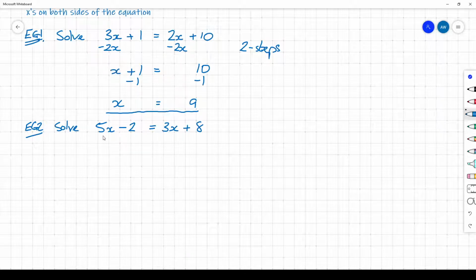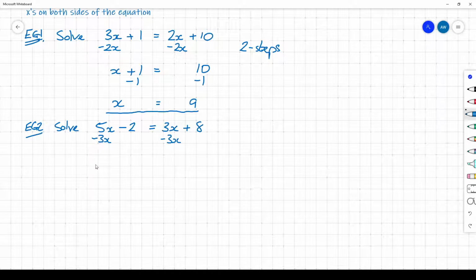So which side am I going to choose? I'm going to choose the left hand side because there's more x's to begin with, just to avoid negative numbers, and to minimize my chances of making mistakes. So I need to get rid of this 3x because I want my x's over here. How do I get rid of 3x? I take away 3x. If I do it that side, I do it that side, and I do it underneath the 5x because that's where I'm going to take it from.